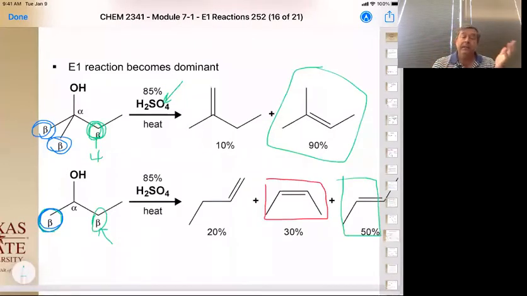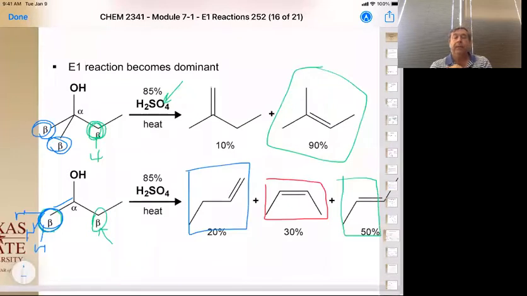Now, statistically, we still have 3 hydrogens here that we can pull off, and even though it's a higher energy transition state, some of the molecules will go over that, and that will give us our terminal alkene right here, okay? So notice of these, the major product is the most thermodynamically stable.